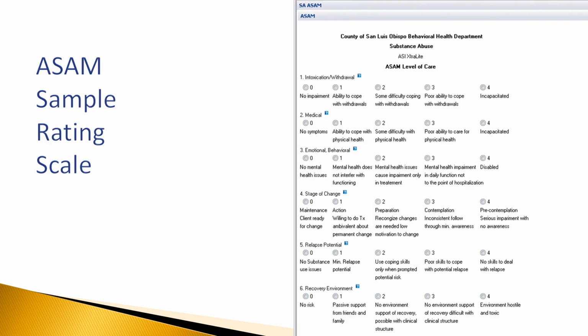So here is what the ASAM sample rating scale looks like. The 6 dimensions are outlined along a continuum of severity from no problem, meaning 0, to a severe level of problem in that dimension, which is scored at a 4. And you would go through and check the different boxes that apply for that client. Sorry, I'm kind of trying to mark the bubbles here for you so you can see how it goes.